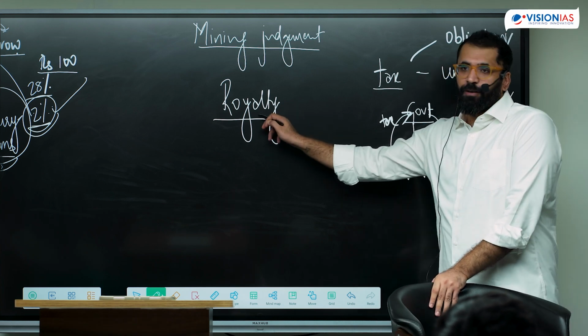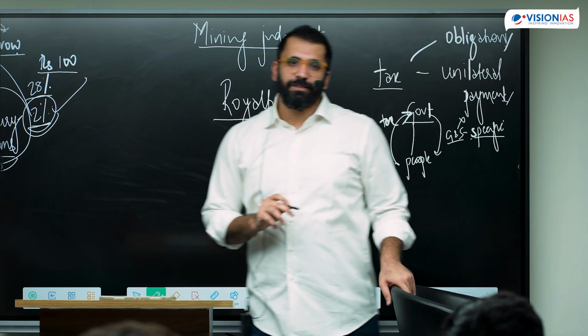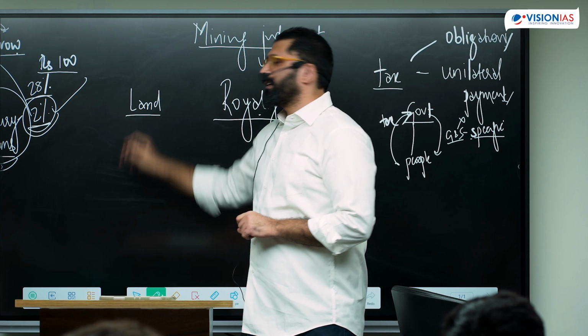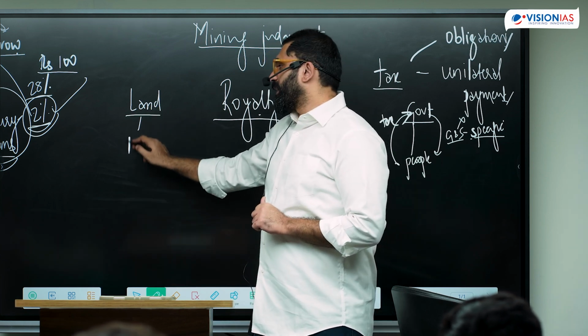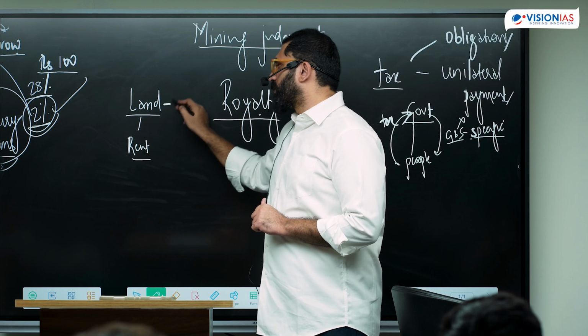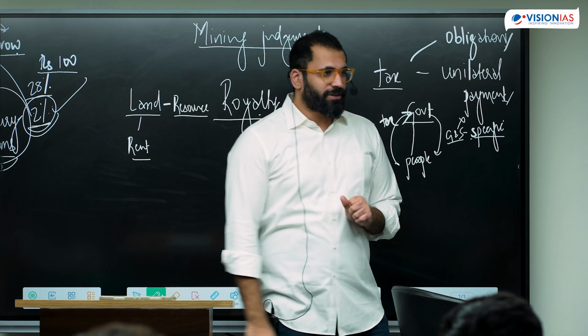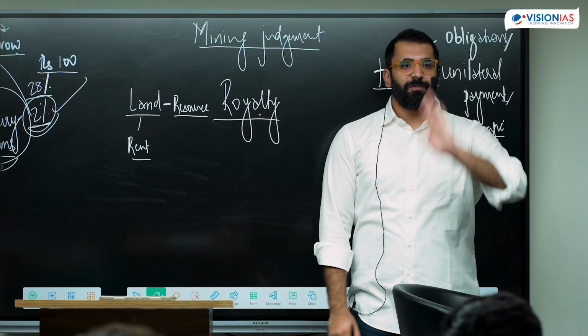Royalty, what exactly is royalty? In fact, you know what the different factors of production are? Which is the first factor of production? Land. For use of land, what is the return which is earned? Rent. And when we say land, we also talk about the resources in and on the land, and these resources are mostly in the name of the government.